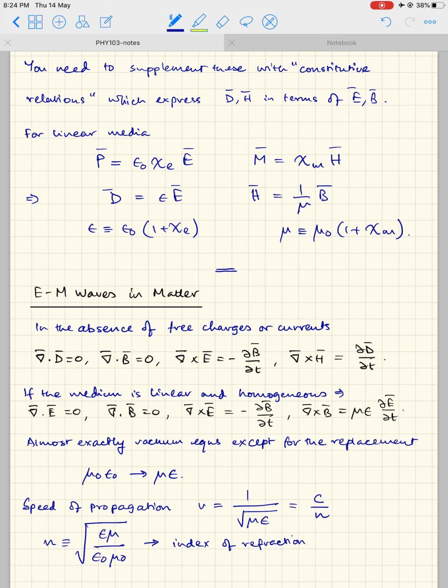Okay, so for most materials, mu is actually very close to mu naught. So n is almost like the square root of epsilon_r, where epsilon_r is the dielectric constant. So let's write this down.